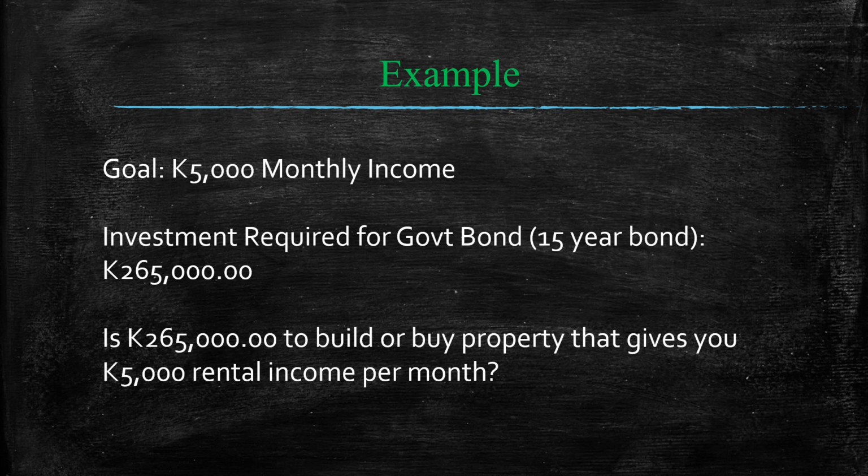So that's the major difference that I think is very key for you to know between rental income and income from Zambia government bonds with respect to the coupons that you get there.